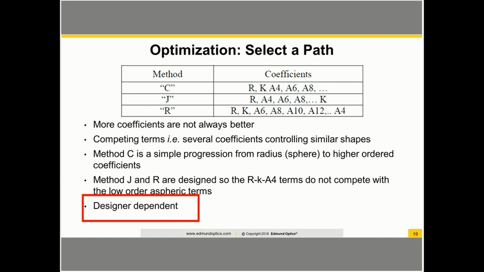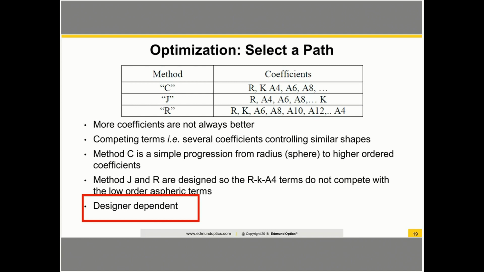Our experience shows that the first three parameters, R, K and A4, end up competing with each other. So we would recommend that either method J or R be used in reality, and as you can see, method J would leave the conic coefficient till the very end of the optimization process, whereas method R would leave A4 till the very end.